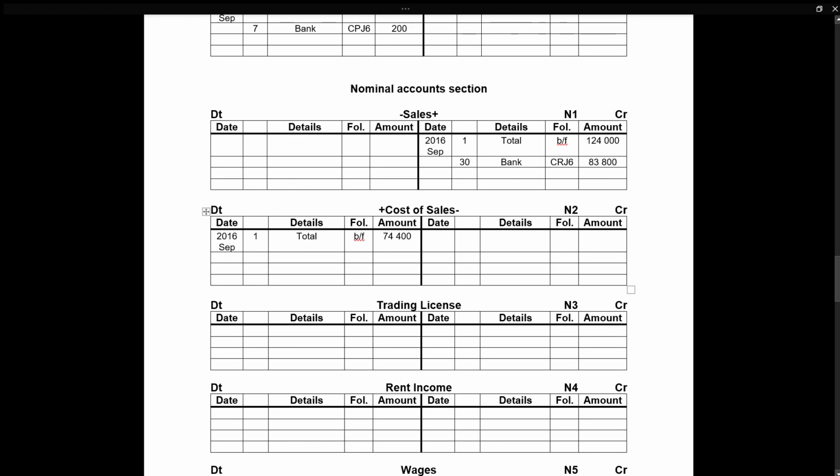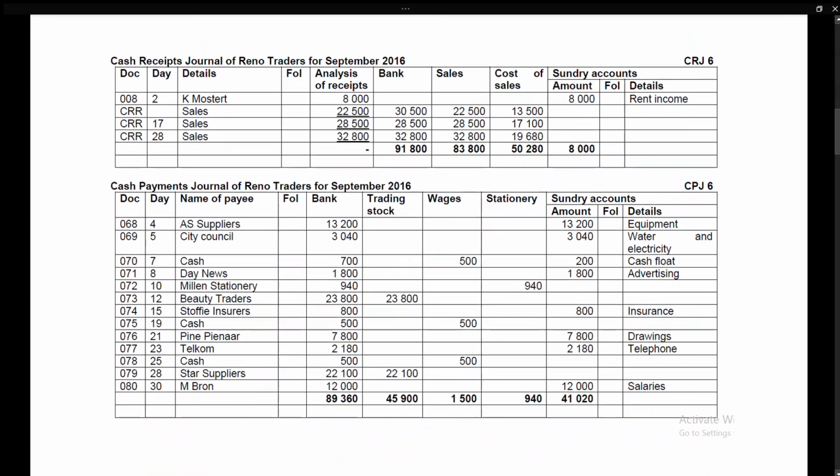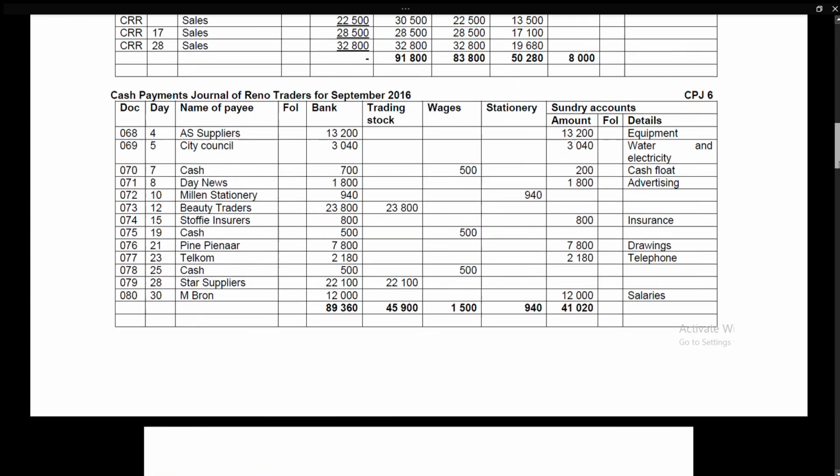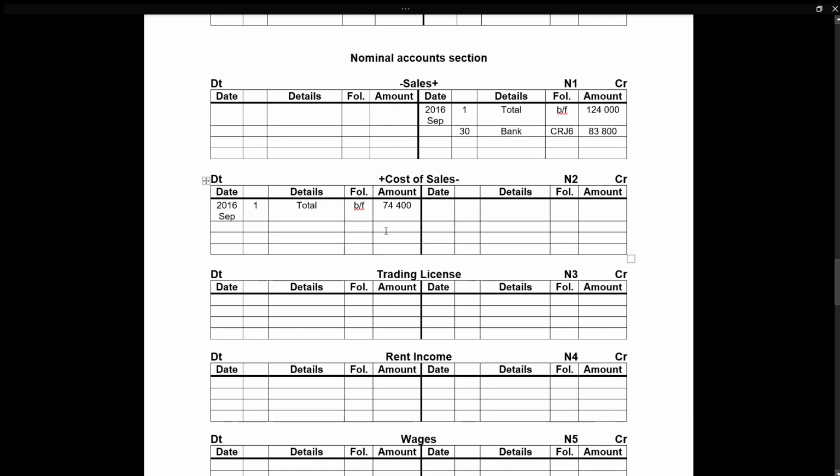Right, then we would have had more cost of sales as we sold products in the current month. Cost of sales to the amount of 50,280 Rand. Right, so my cost of sales, my expenses, increased because I had sales. 50,280 Rand. I got this from my cash receipts journal number 6. My details will be trading stock.